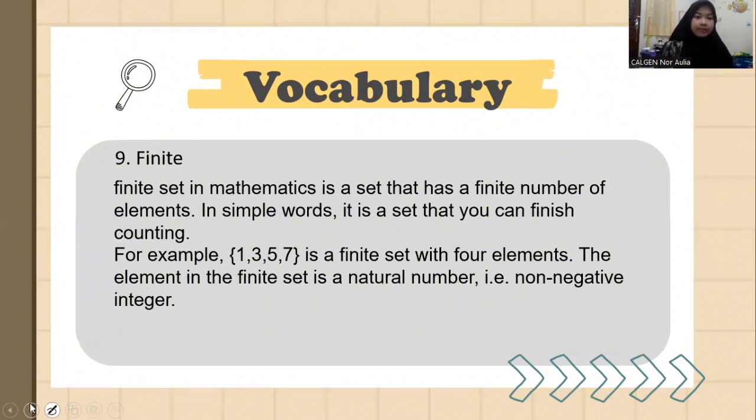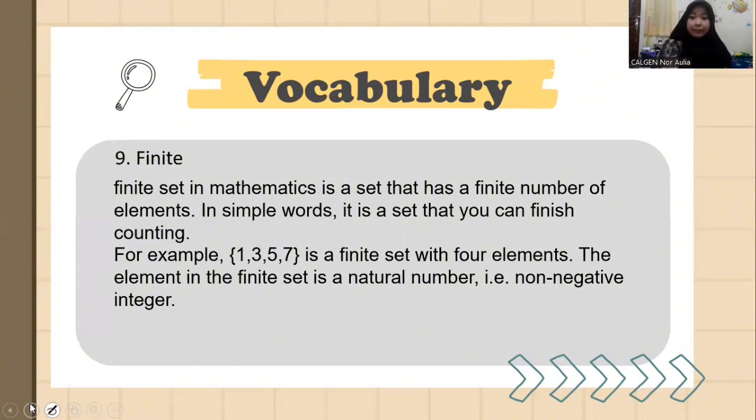Number 9 is finite. Finite in bahasa we can say terbatas, or himpunan terbatas. So a finite set in mathematics is a set that has a finite number of elements. In simple words, it is a set that you can finish counting.